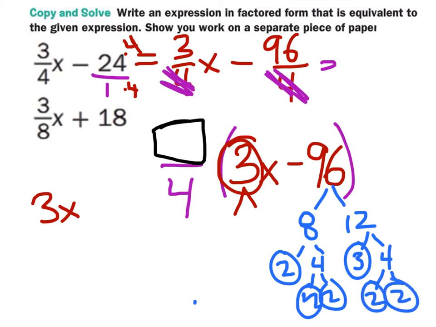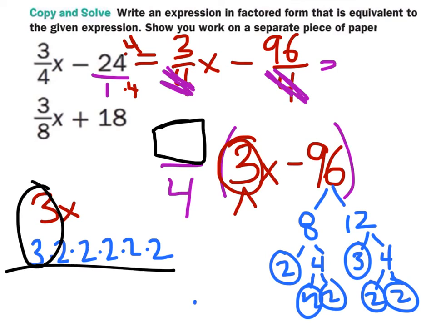Good. So now I've got 3 times 2 times 2 times 2 times 2 times 2. Did I get all those 2's? Yes. All right, so what's common here? 3. 3 is common. That's it.